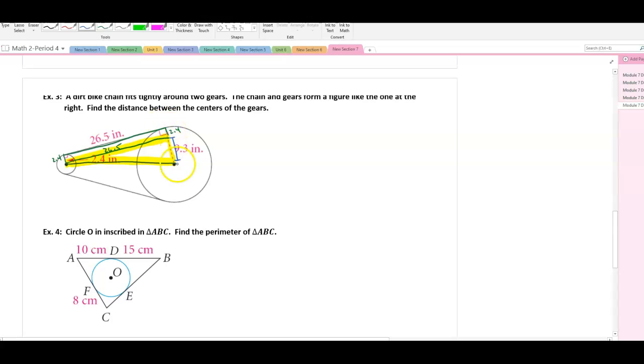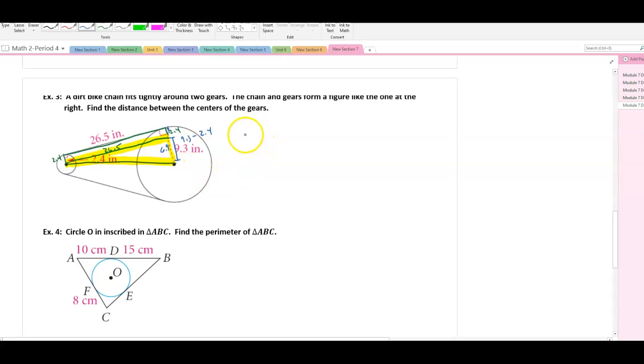Well, if the whole radius is 9.3 and this piece is 2.4, 9.3 minus 2.4 will give me 6.9.